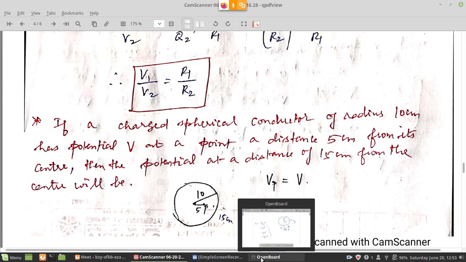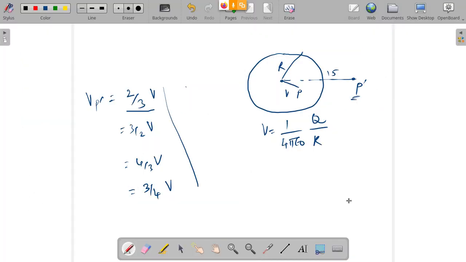The radius is given, so you can work out Q by 4 pi epsilon naught, which is not known, but the potential is given as V, because whatever is the potential inside is the potential on the surface for a sphere. If you know that trick, then left side is V, right side is Q by 4 pi epsilon naught into radius.